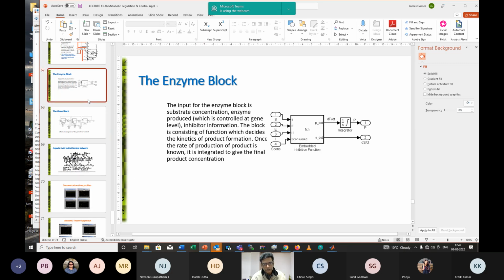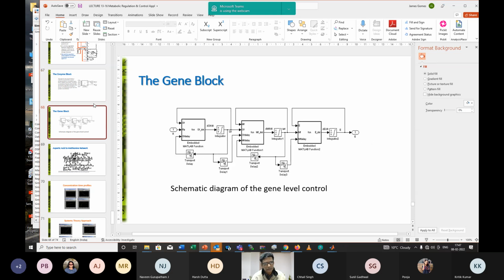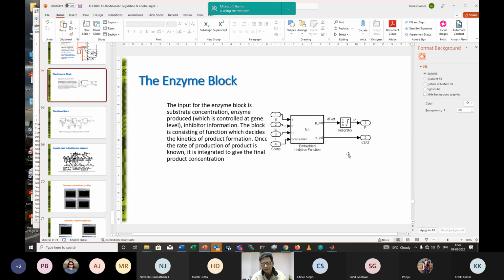So this is the enzyme block, and inside the enzyme block you get all of these cues. Therefore this block is telling you that the rate of synthesis of the enzyme is dependent upon other factors, and therefore the rate of production of some compound from some substrate. It could be aspartate semialdehyde, for example. You would have situations where this variation would also depend upon what is happening inside this.